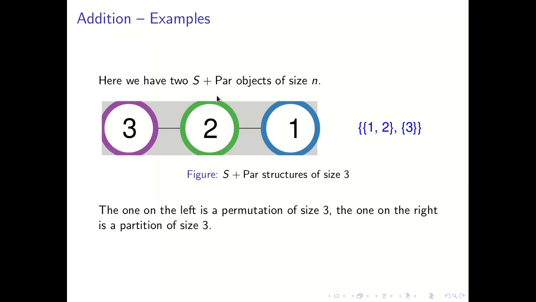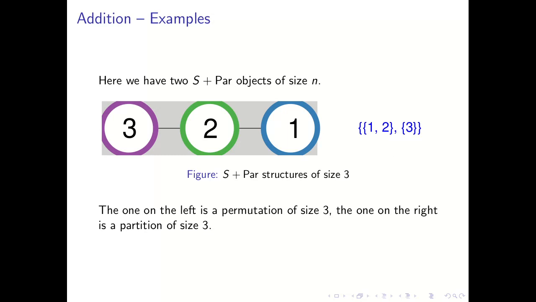This is my way of representing a permutation, so an ordered list of numbers 3, 2, 1. Or disjoint union. It can be a partition of the set 1, 2, 3. So it's always either or.